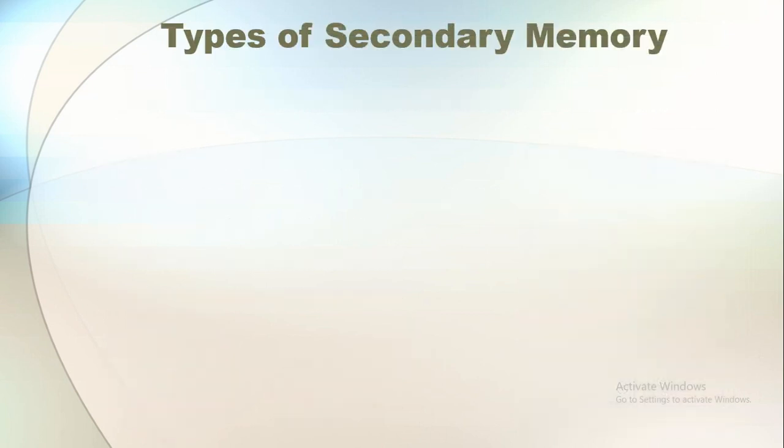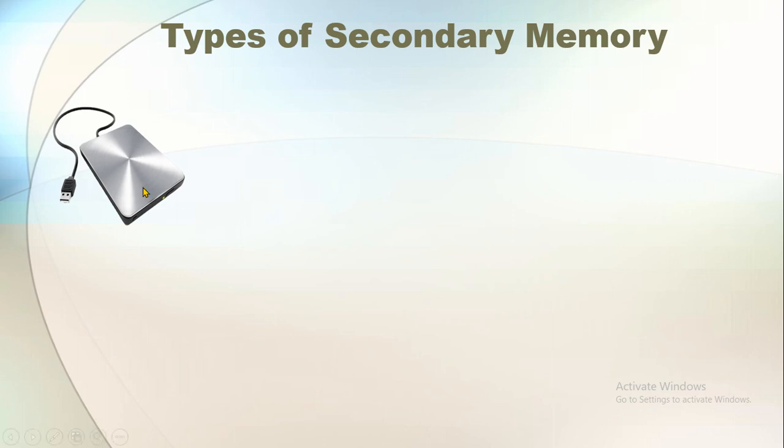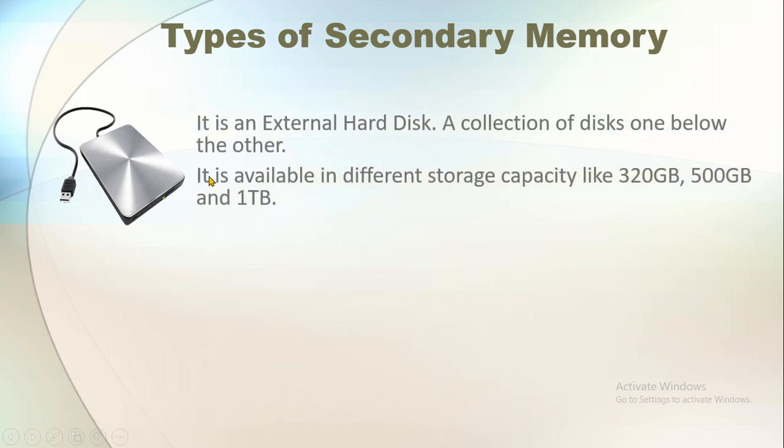Now comes some types of secondary memory. See here, it is called external hard disk. Okay. It is a type of hard disk, a collection of disks one below the other. It contains a collection of disks.